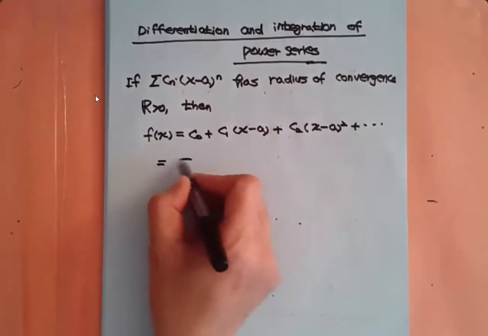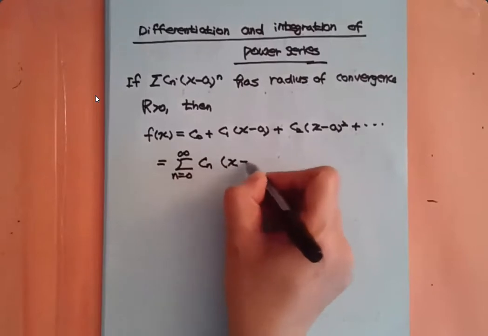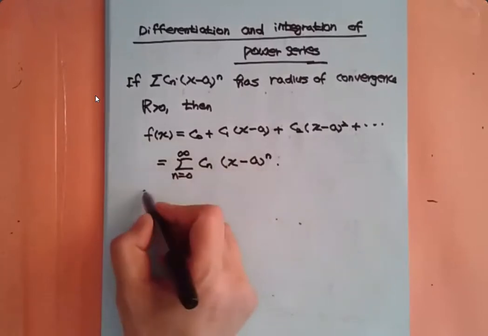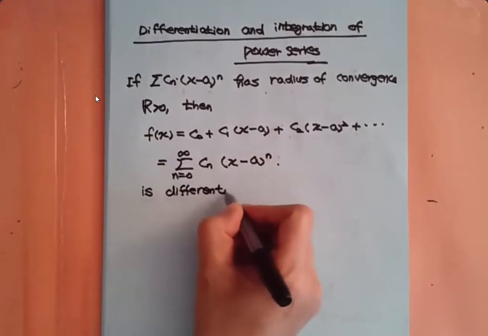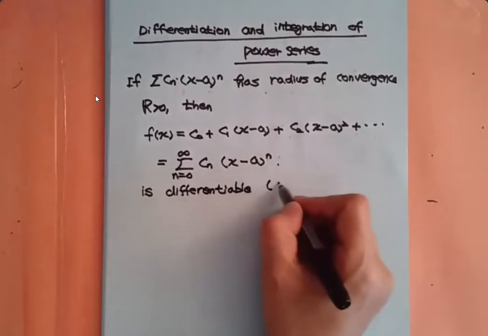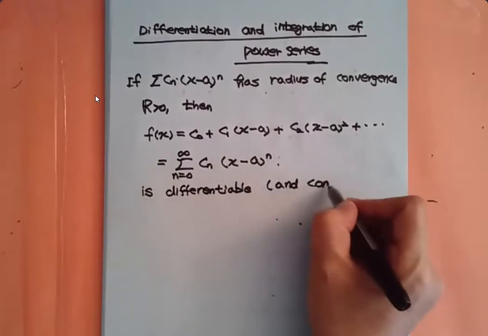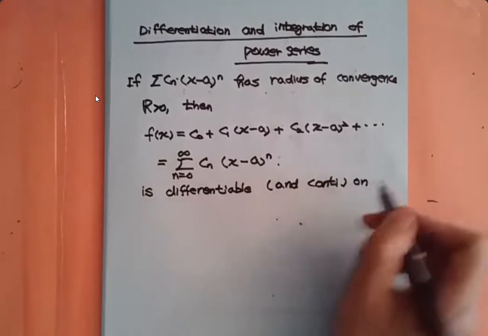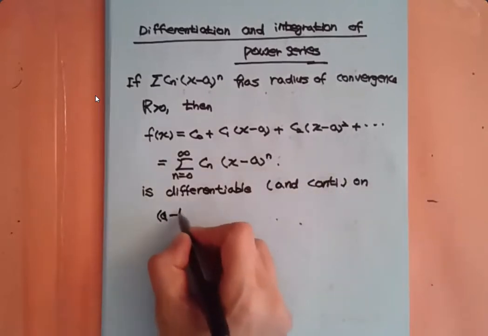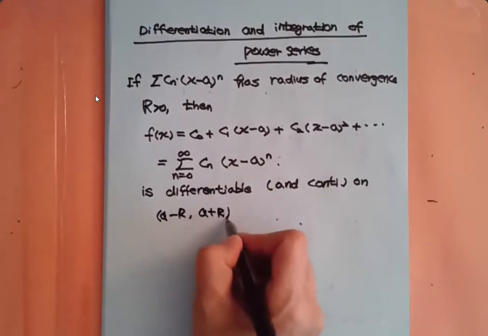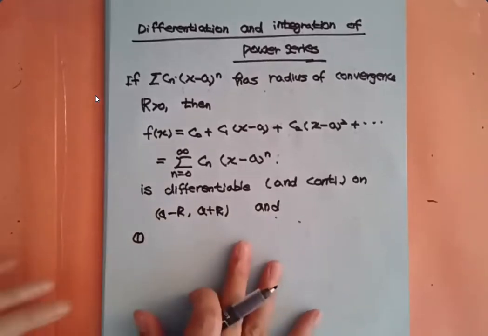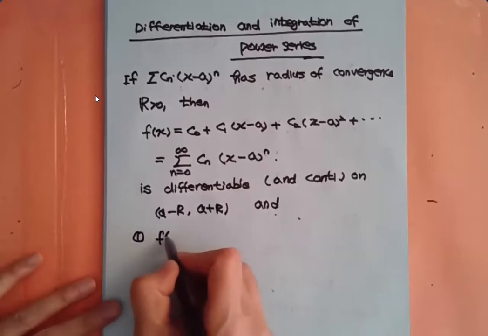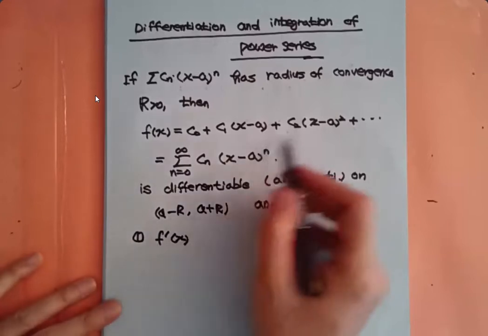That is summation n equals 0 to infinity, cn times x minus a to the n power. That is differentiable and continuous on the open interval a minus R and a plus R. And as I said, the differentiation and integration will be just term by term.